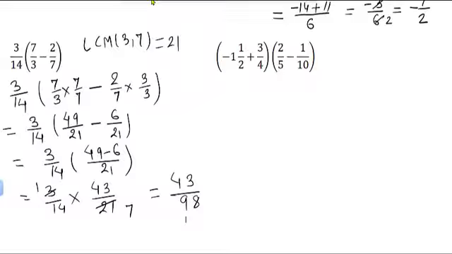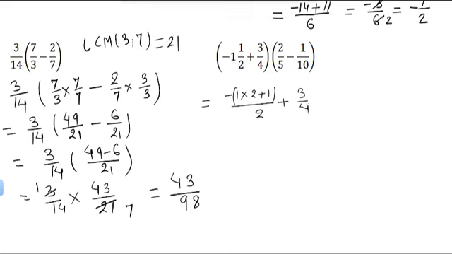Now in this problem, we change this mixed fraction to improper fraction, and then we get the common denominator using LCM. Here it's 1 times 2 plus 1. Let's use the bracket because there's a minus. Now it's divided by 2 plus 3 divided by 4.